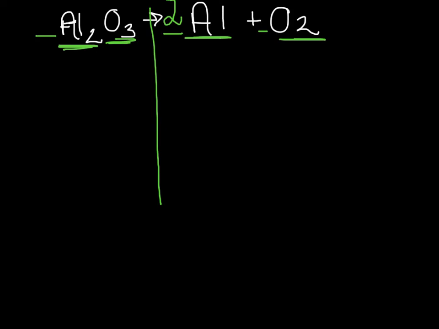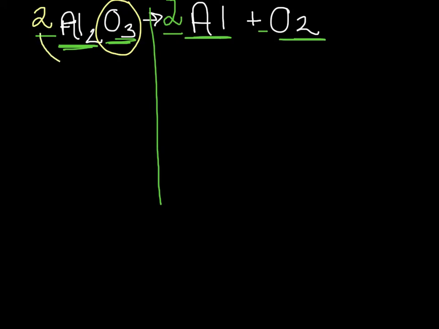So this one is kind of a little bit tricky. So what I need to think about is how do I get the 3 and the 2 to end up as the same number? So what I'm going to have to do is multiply each of those by a different number to get the same number. So what I can do is multiply this one on the reactant side by 2 by putting a 2 here.